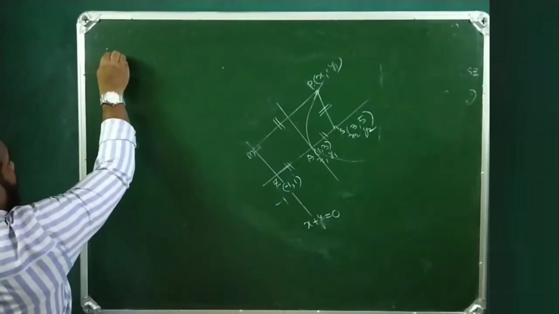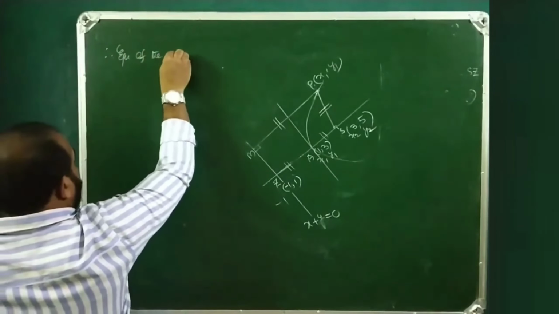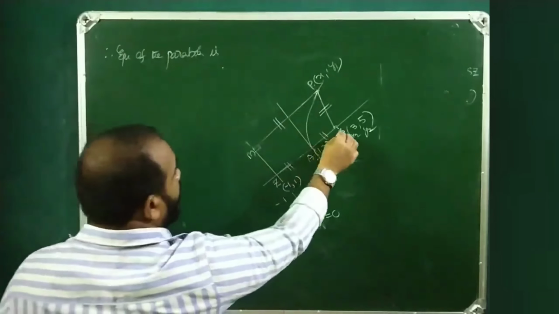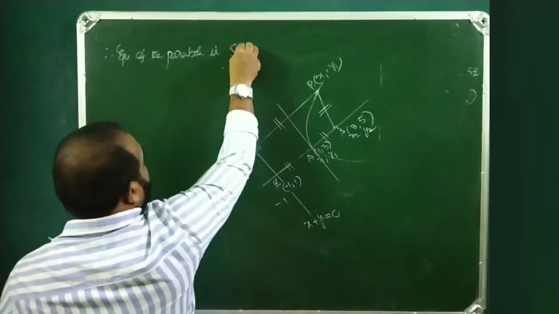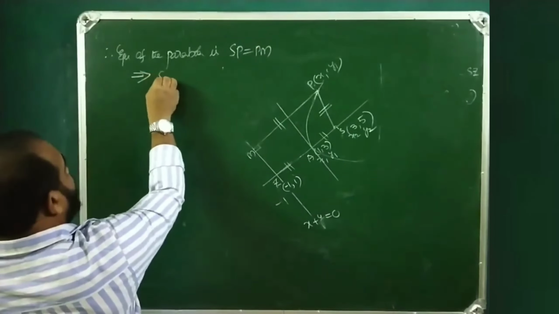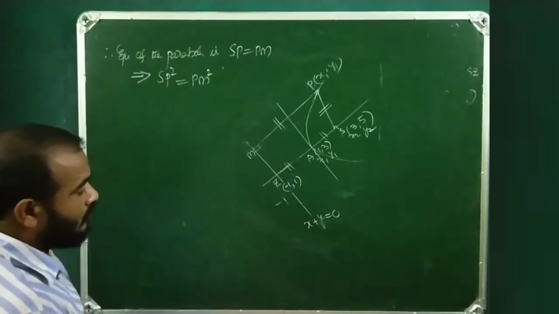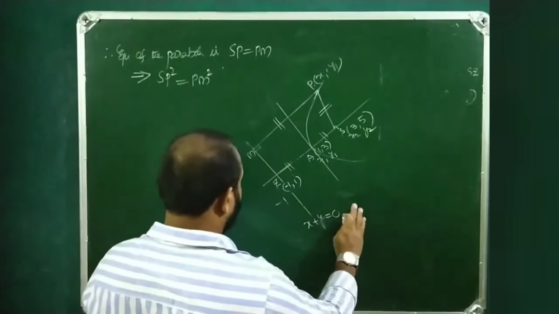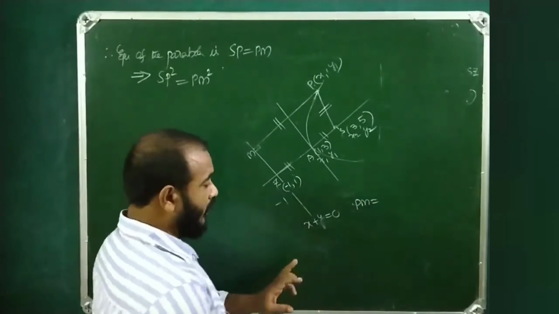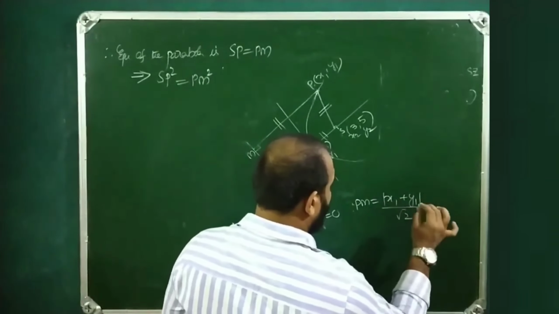Therefore, the equation of the parabola is SP equals PM. That means SP square equals PM square. So PM we got is x1 plus y1 by root 2.